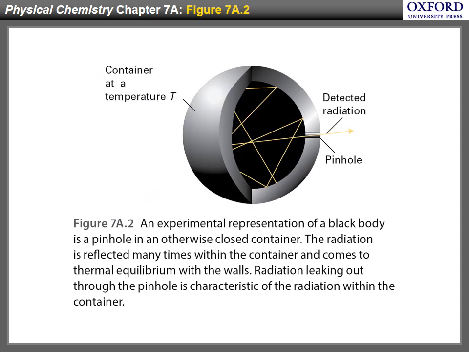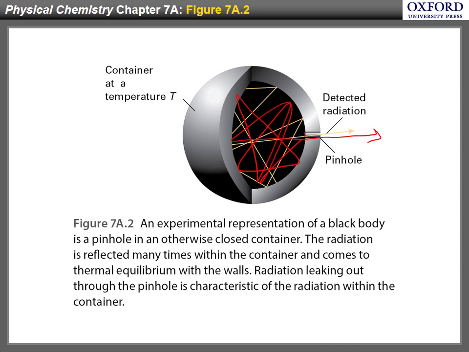A fairly straightforward model of a black body is basically an empty box with a pinhole. And any radiation that leaks out of this pinhole is basically in thermal equilibrium with the container because it has bounced in this container so many times that the radiation is quite characteristic of this particular container.